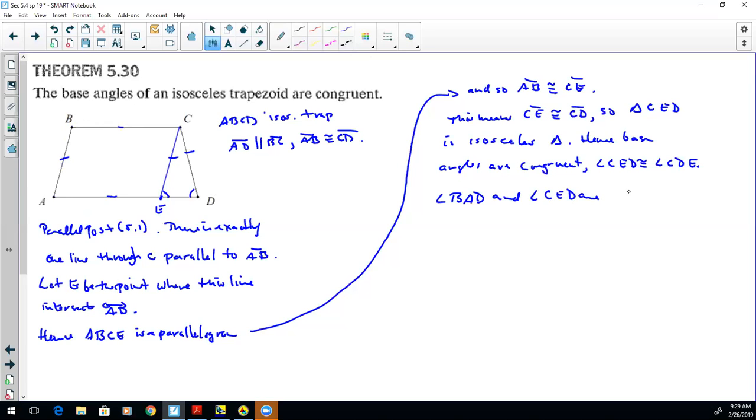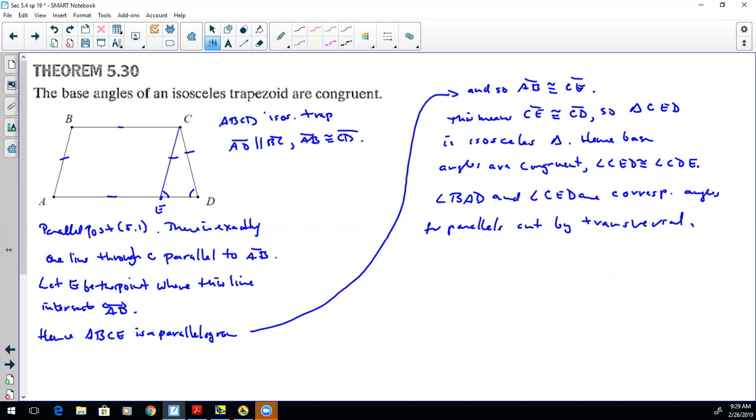Angle BAE and CED are corresponding angles, for parallels cut by a transversal.